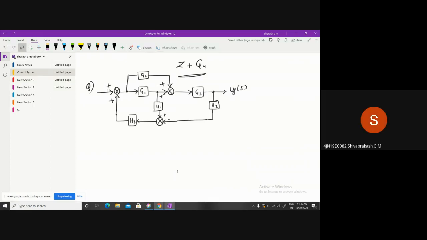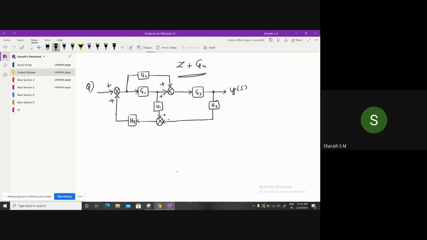Yes, sir. What's the first step here? Split the summation point. H1 and H2. H3. So before splitting the summation points, G1 and G2 are in parallel connection. Is it in a parallel connection, G1 and G2? Yes, sir.